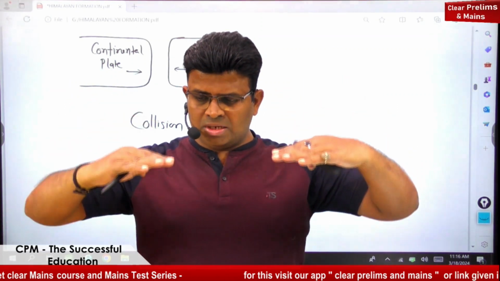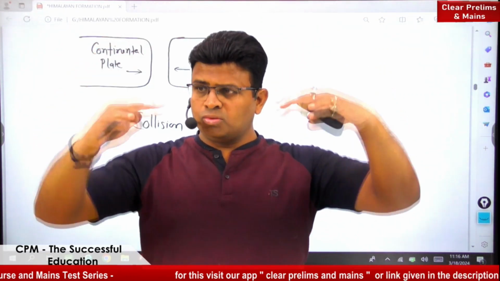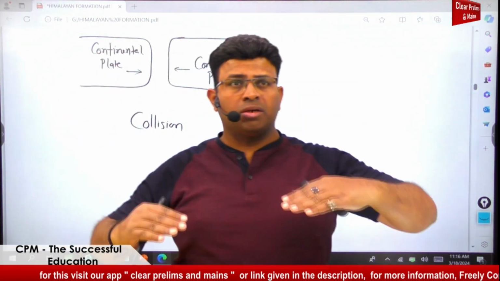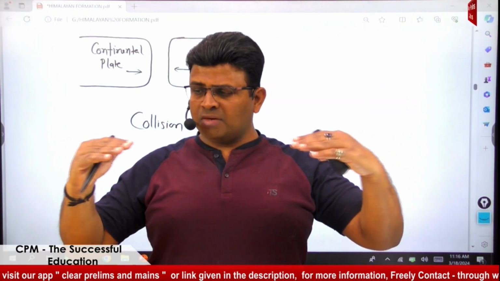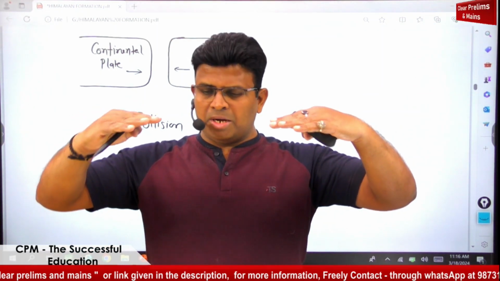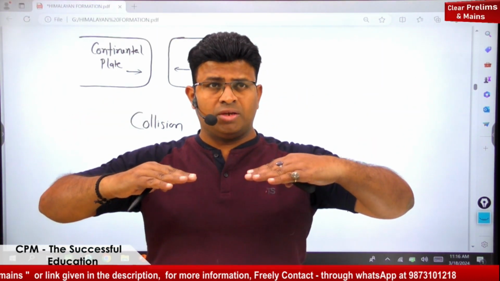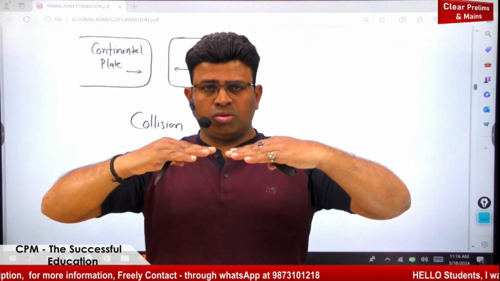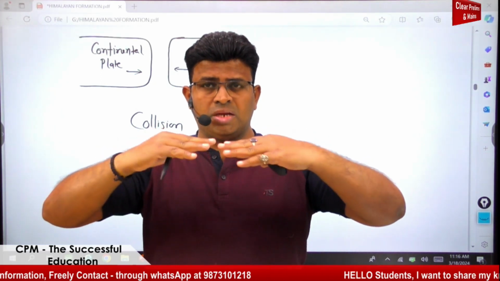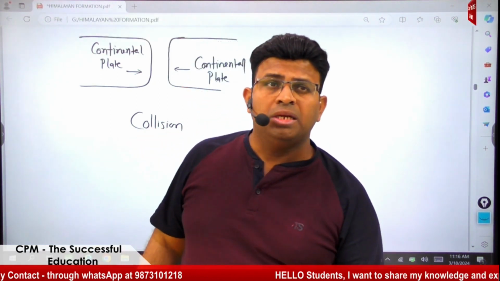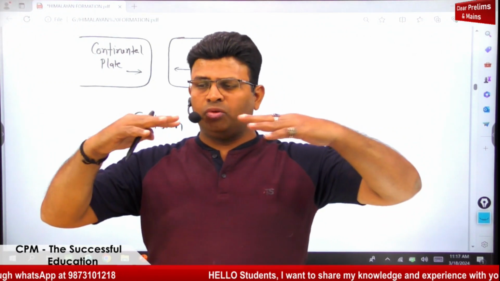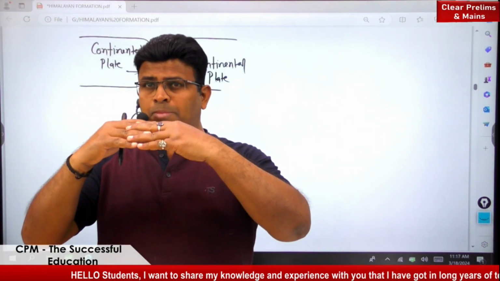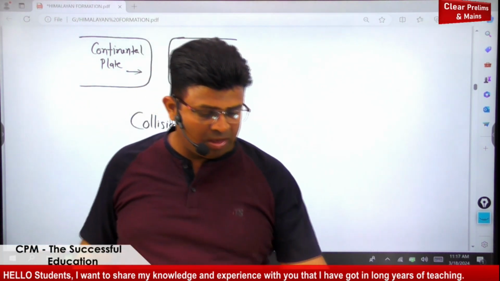When the two continental plates are moving and converging, they put the same pressure on the asthenosphere, like a sea, and when they converge, they will collide with each other. Understood? During such continental convergence, a collision will take place.